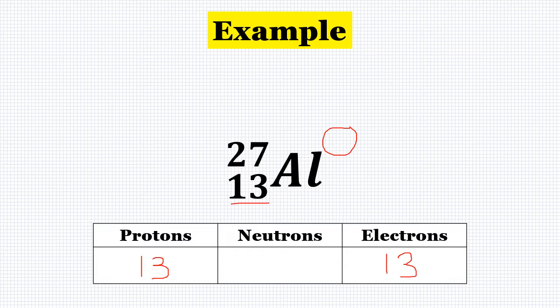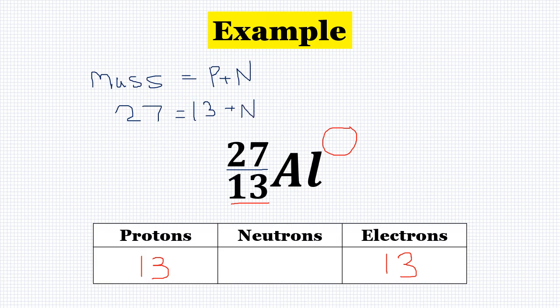Okay, next, let's look at the mass number. We're going to need the mass number to find out the number of neutrons. Remember, the mass number is equal to the protons plus the neutrons. So the mass number 27 is equal to the number of protons, which we already figured out is 13, plus the number of neutrons.